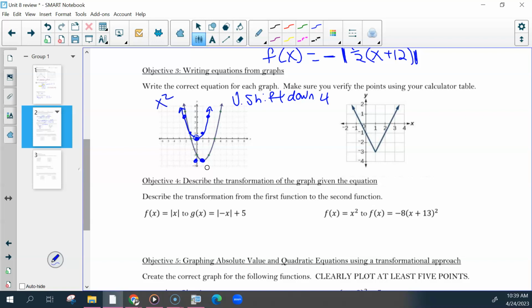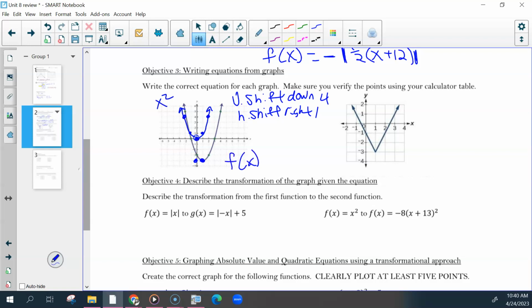How did it get over here if moving it down 4 would move it here? So if I moved it down 4 and then moved it right 1, it should land directly on top of that. So that should be it.